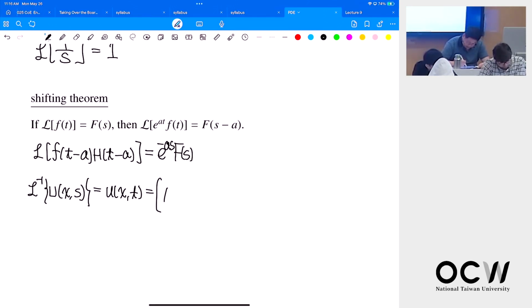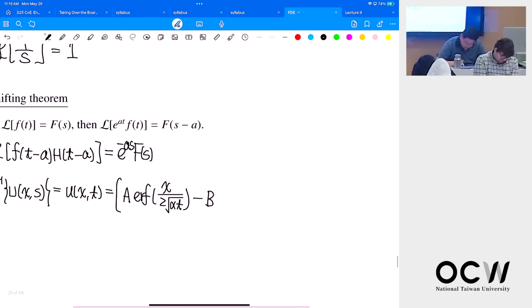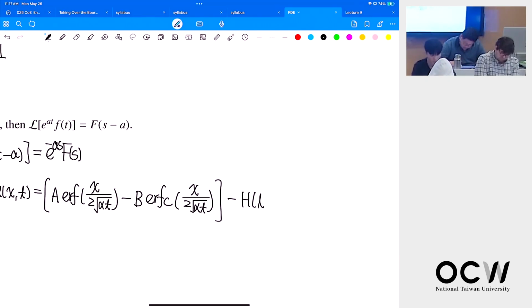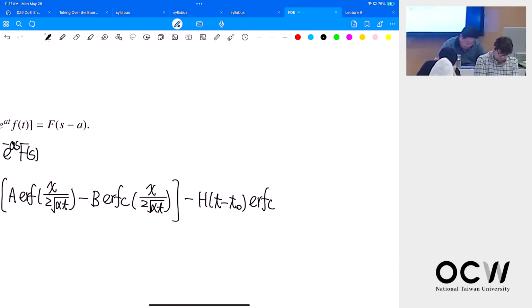And you'll get an error function of x over 2 times square root of alpha t, minus b times the complementary error function of x divided by 2 times square root of alpha t. And then it will shift by t naught times the complementary error function.